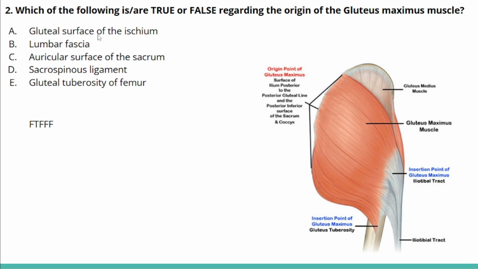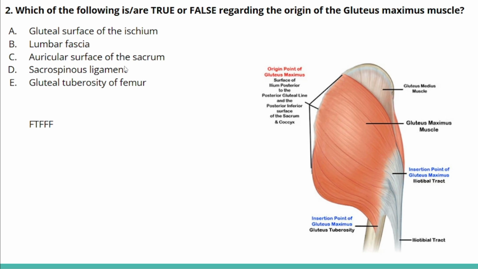Answer A, gluteal surface of the ischium. It's not from the ischium but from the gluteal surface of the ilium. Lumbar fascia is true. Auricular surface of the sacrum. It's true from the sacrum but not from the auricular surface but from the lateral mass below the auricular surface. So the answer is false.